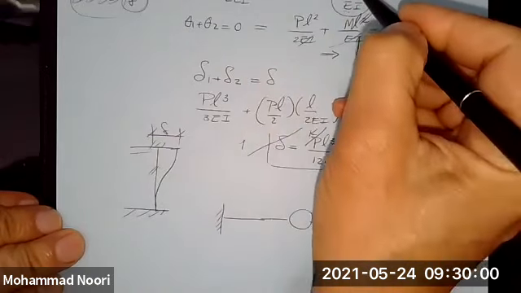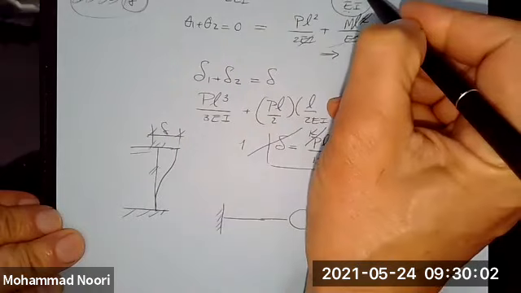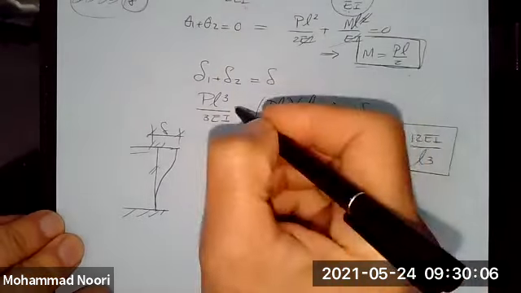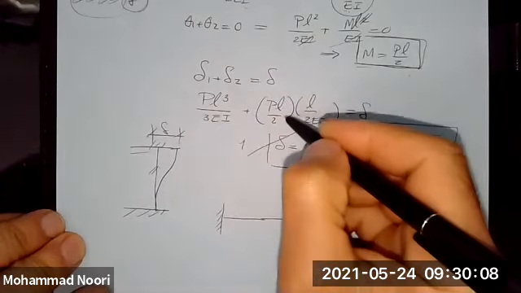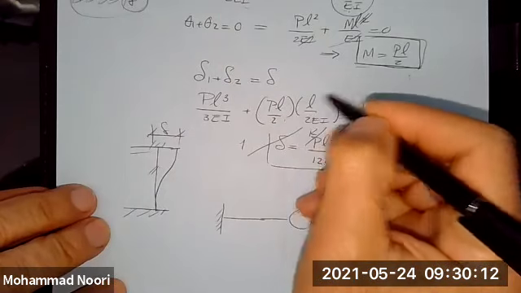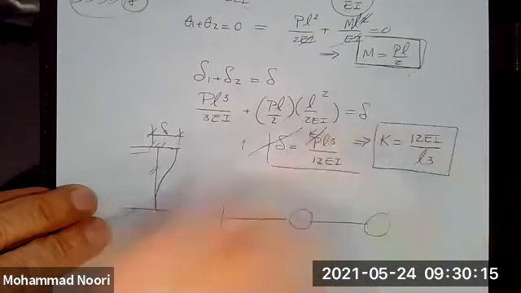Oh, is it ML squared over 2EI? Yeah. I should have corrected that because I made a mistake here. So this should be ML because the units don't match. You're right. So this would be PL cubed from ML times L squared over 2EI.